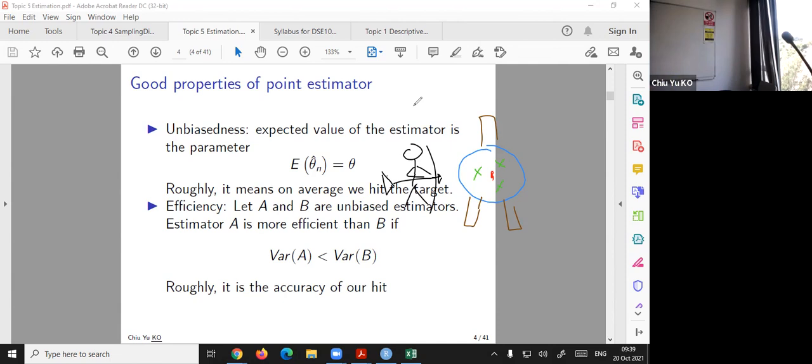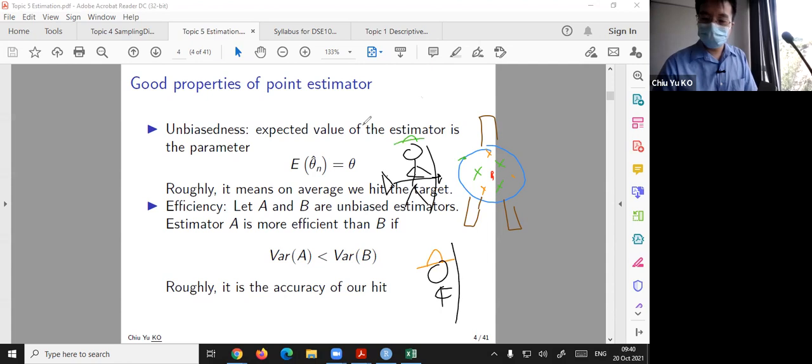The second one is called efficiency. Suppose we consider two archers that are both unbiased, the green guy and the orange guy. Which do you like?